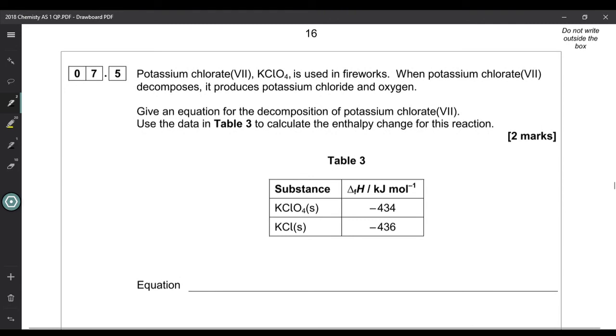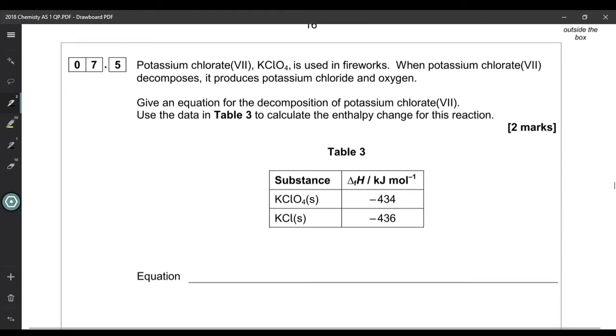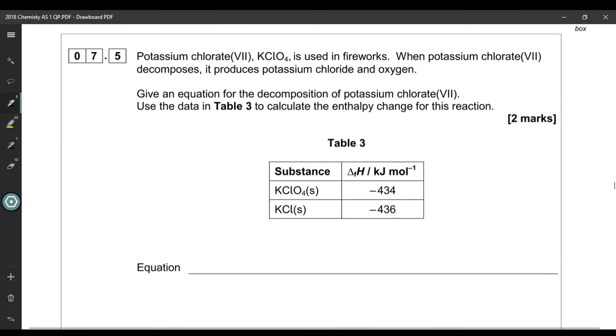Okay, so we've been told now that we've got a reaction where potassium chlorate decomposes to produce potassium chloride and oxygen. We're asked to give the equation for the decomposition of potassium chlorate and use the data in table 3 to calculate the enthalpy change.